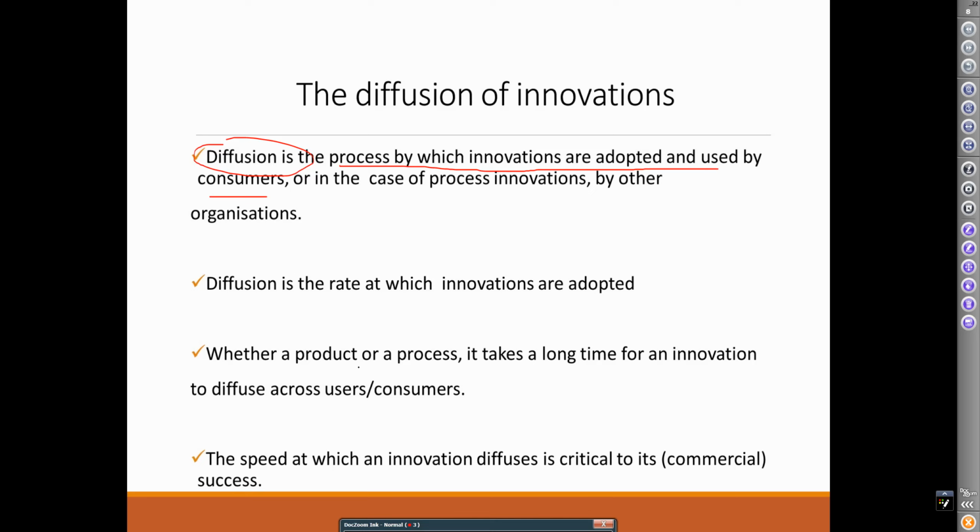It doesn't matter what kind of innovation we have, product or process, but it takes a long time for an innovation to diffuse across users and consumers. It's true. It depends on the industry, but it may take more than 10 years, more than 20 years. And the speed at which an innovation diffuses is critical to its commercial success.